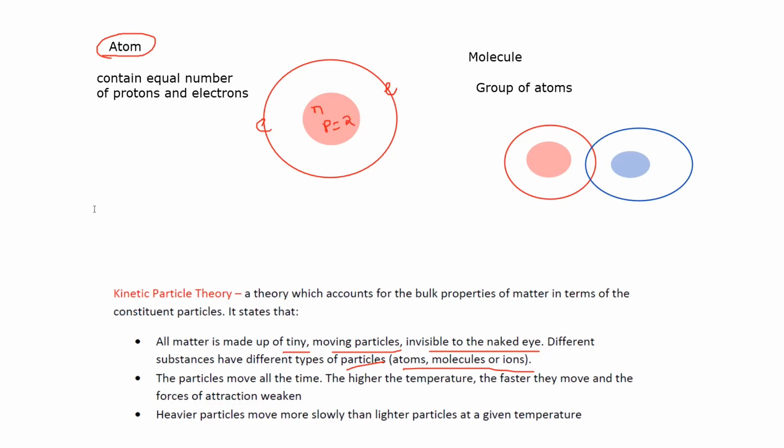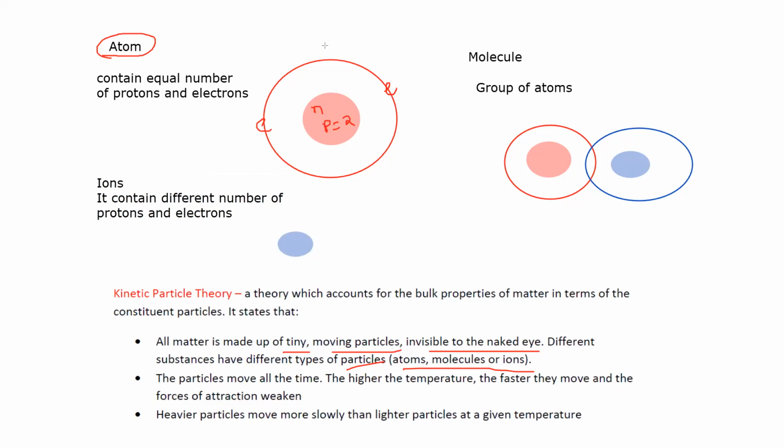And what about ions? The term ion means it contains a different number of protons and electrons. So if we have a different number of protons and electrons, we call that an ion.